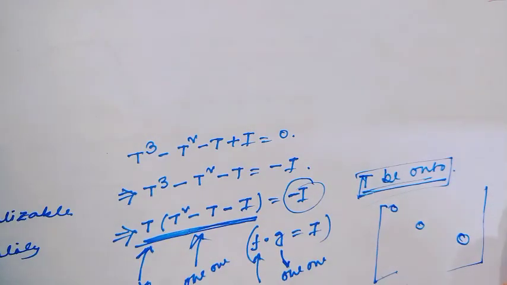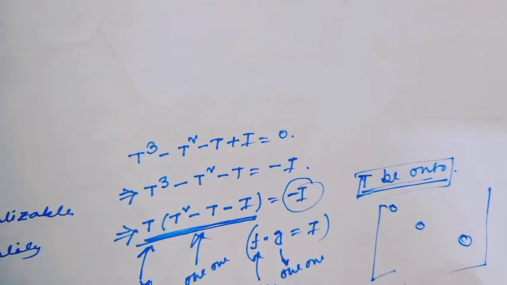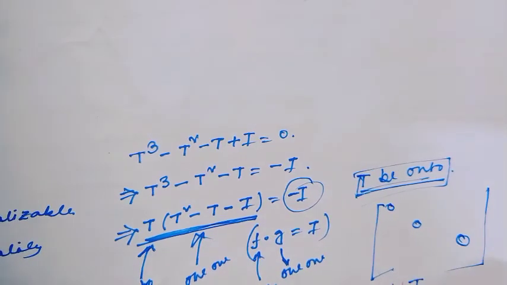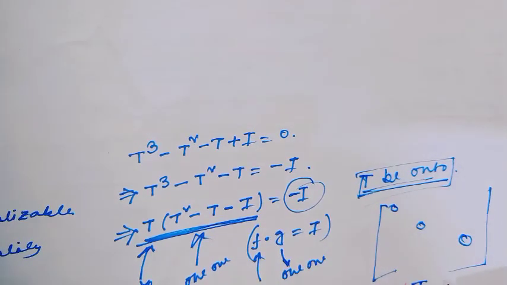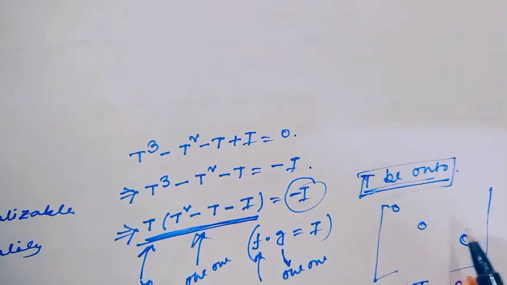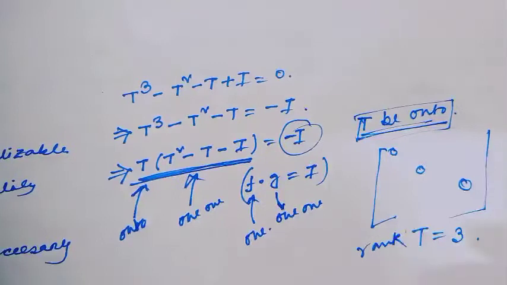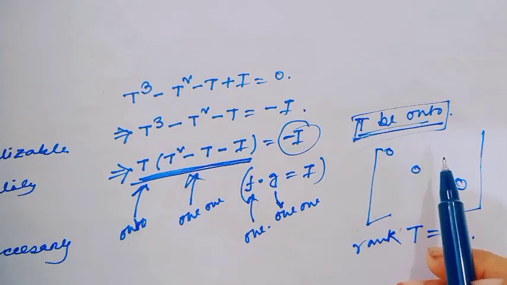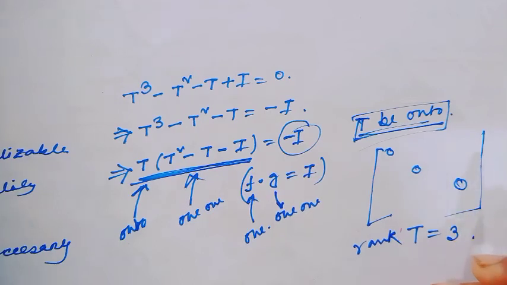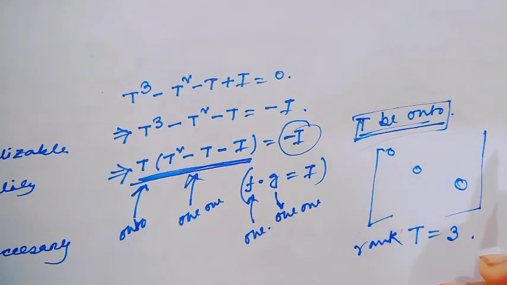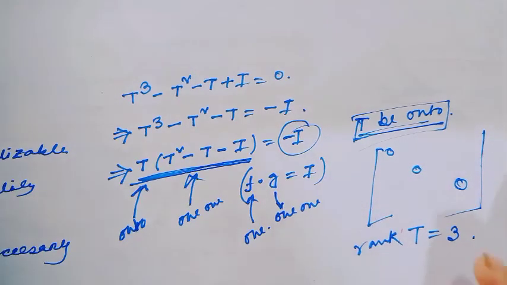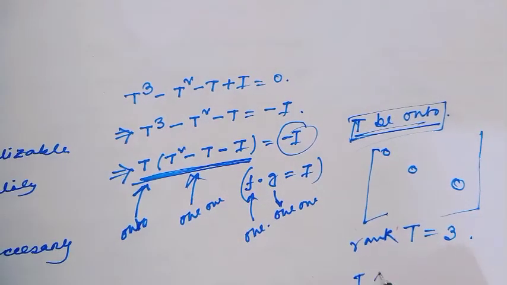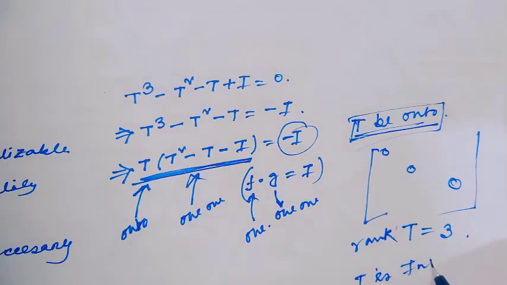That means obviously the rank of this matrix would be 3, because the linear operator T is onto. So obviously the operator T is invertible.